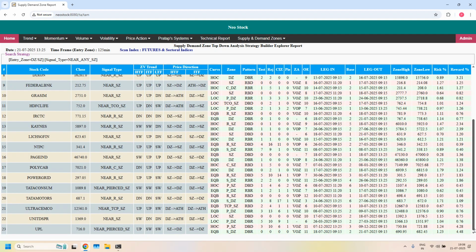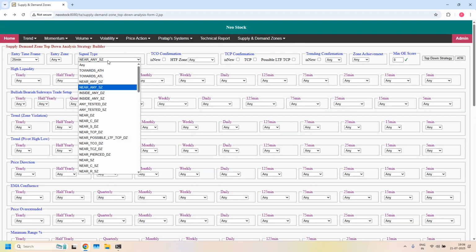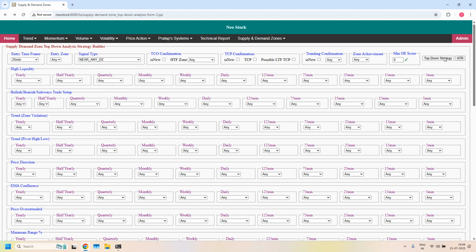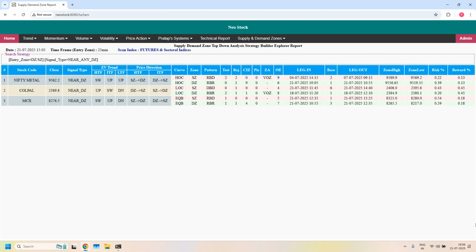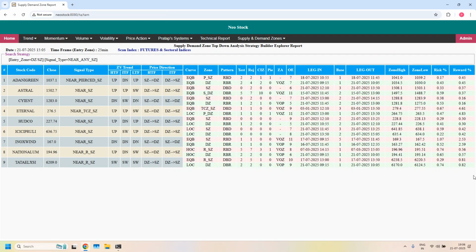Okay, next time frame 75 minutes already we generated in the beginning of the report. So the next time frame is 25 minutes. Stocks near to the 25 minutes demand zone, we got 3 stocks. Next, stocks near to the 25 minutes supply zone, we got 9 stocks.